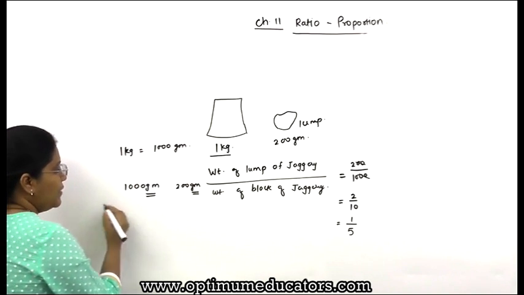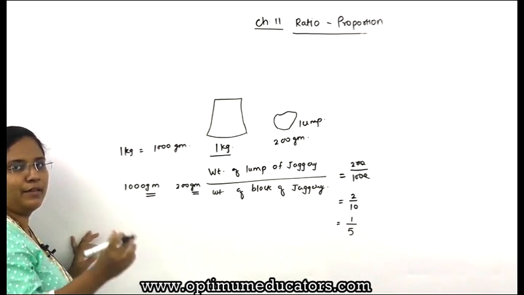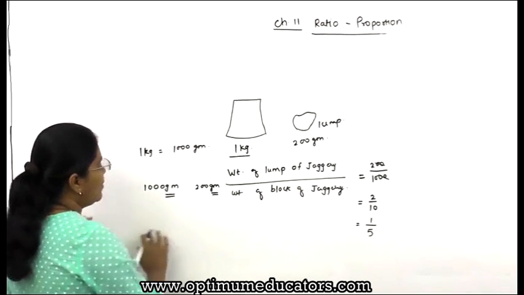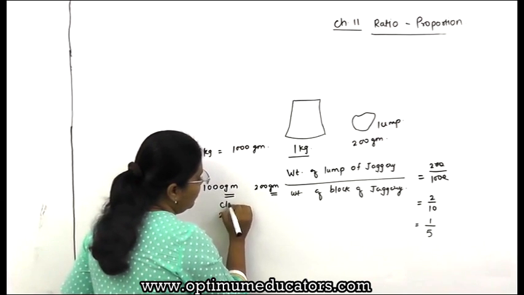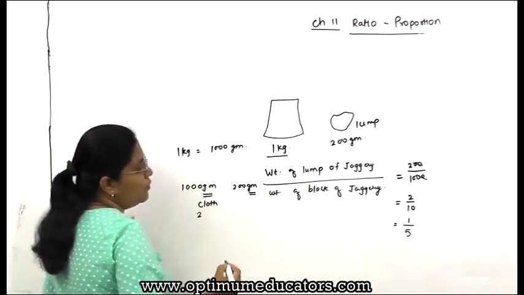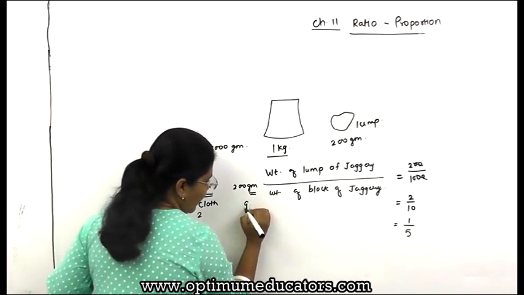Now suppose you are given something in meters and another quantity in centimeters. Say you are supposed to find the ratio of cloth. Suppose there are 2 girls, Seema and Geeta.